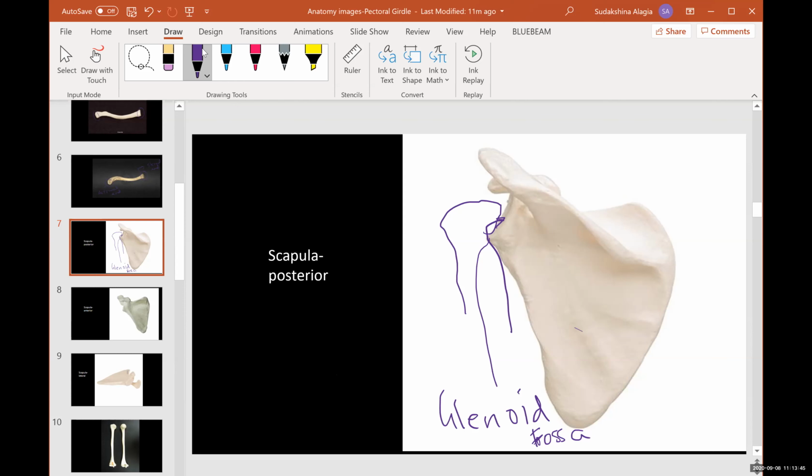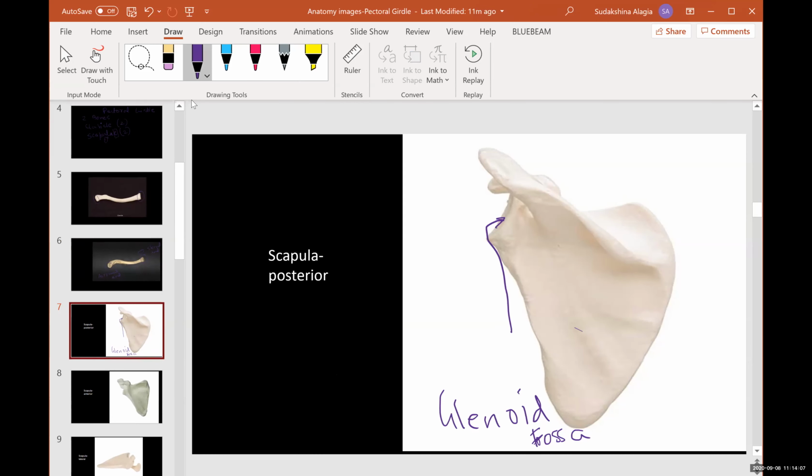So that's the first thing you want to identify. You want to identify which side is anterior, which side is posterior, which will tell you what's superior, what's inferior. Once you know that's the glenoid fossa, that's supposed to be turning toward the arm. This is where my arm will be.